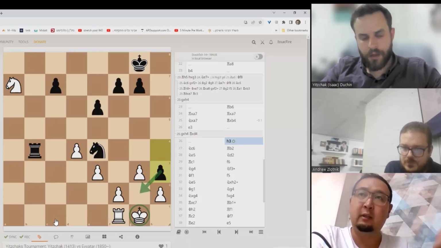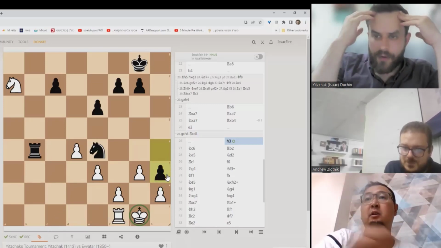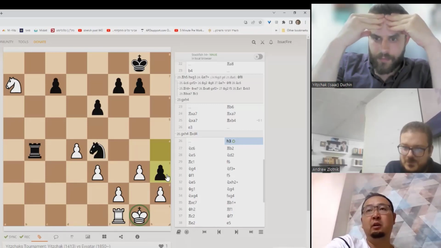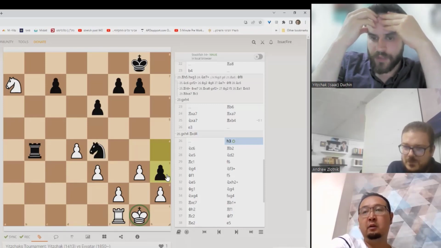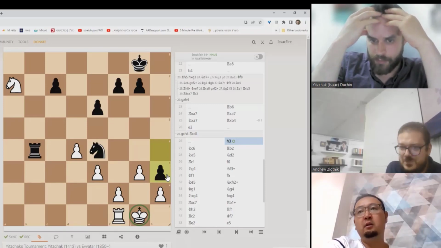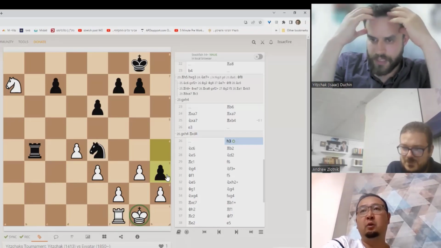What you should take into account evaluating any position. The general theory of evaluation. First of all, the pieces on the board, are they equal? Material, yeah.